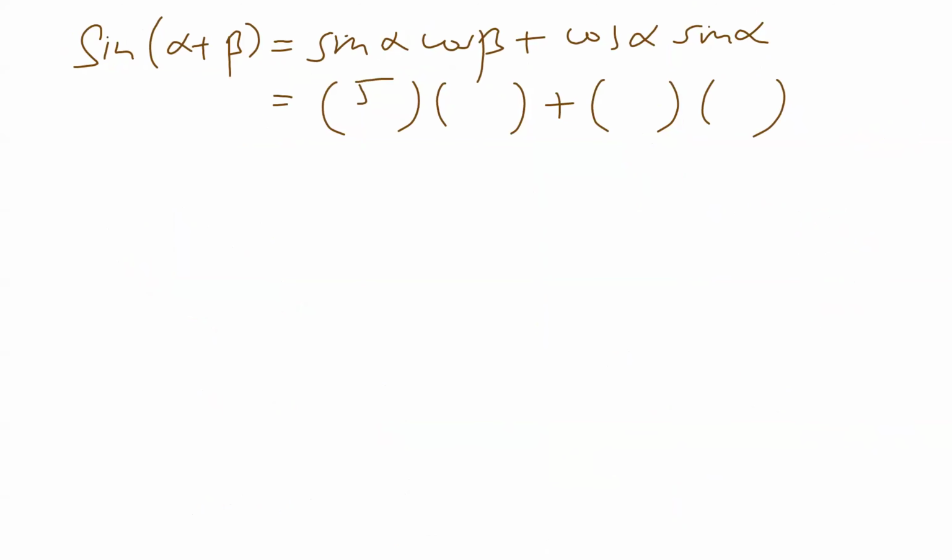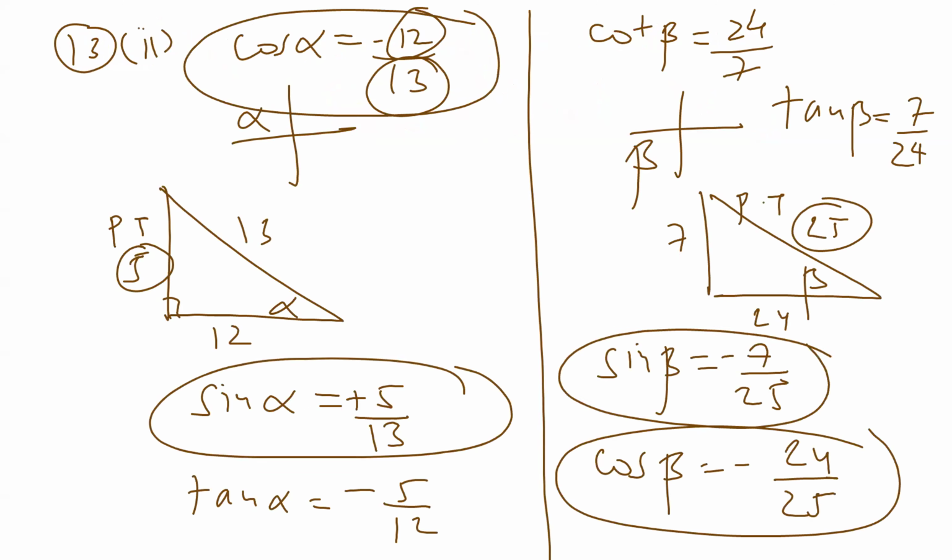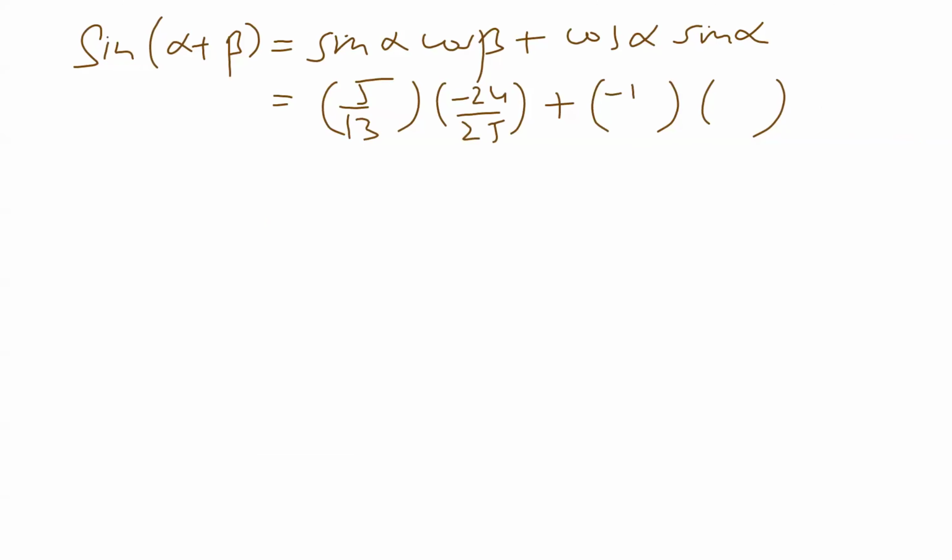So 5 by 13 times minus 24 by 25. And cos alpha sin beta: cos alpha is minus 12 by 13, sin beta is minus 7 by 25. So minus 12 by 13 times minus 7 by 25.